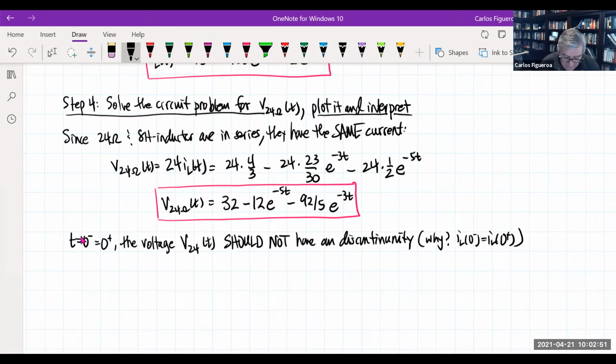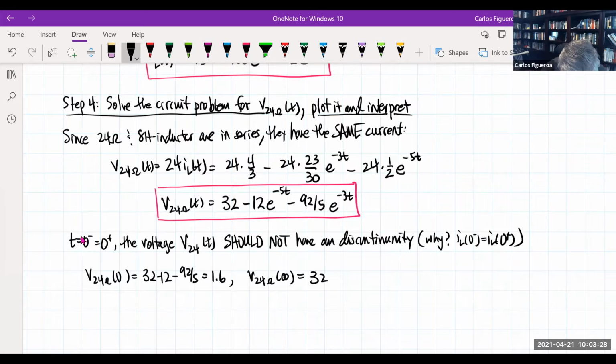So what we have to do here is compute this, which gives us 92 divided by 5. So that means V24 at 0 should be 32 minus 12 minus 92 divided by 5. And the value that I get here is 1.6. And then V24 at t equal to infinity, we clearly have 32 volts.